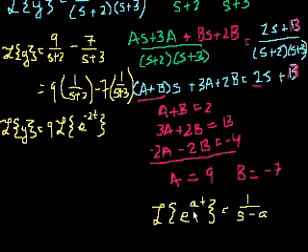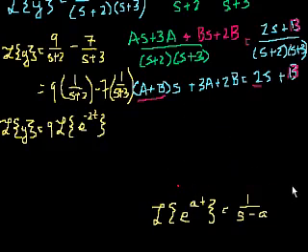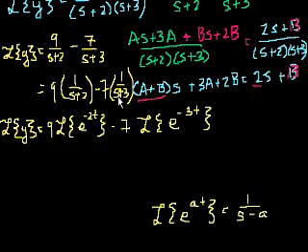Put it in what we figured out, and you get 1 over s plus 2. And then we have minus 7 times the Laplace transform of what? This is the Laplace transform of e to the minus 3t.